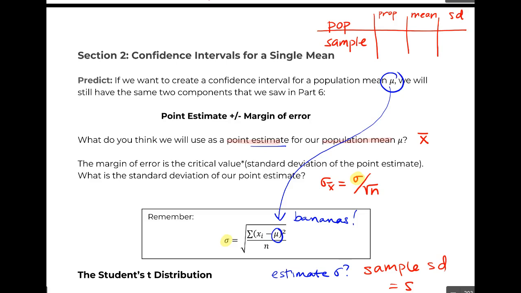For the population, the proportion was p, and the sample proportion was p hat. For the mean, our population mean was mu, our sample mean was x bar, and for standard deviation, the true value was sigma, and our sample value was S. So this is a table you might want to incorporate into your note card if you're having trouble keeping these all straight.